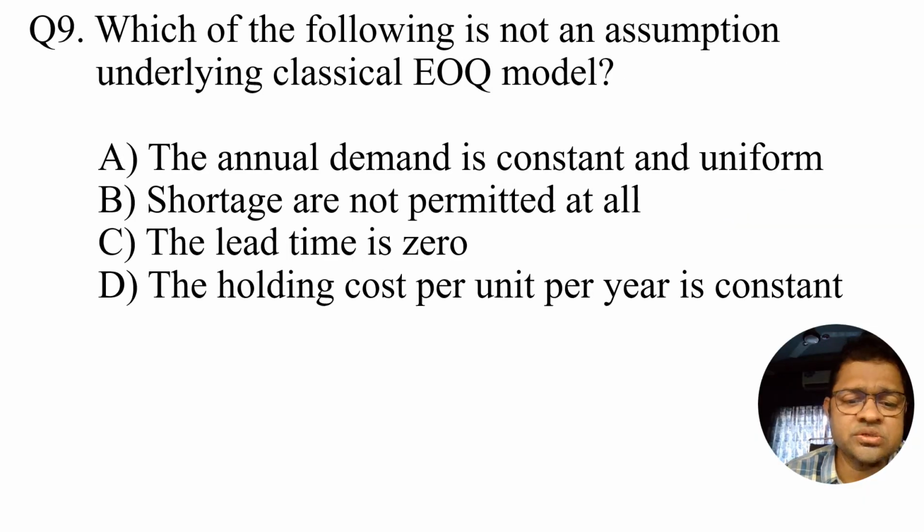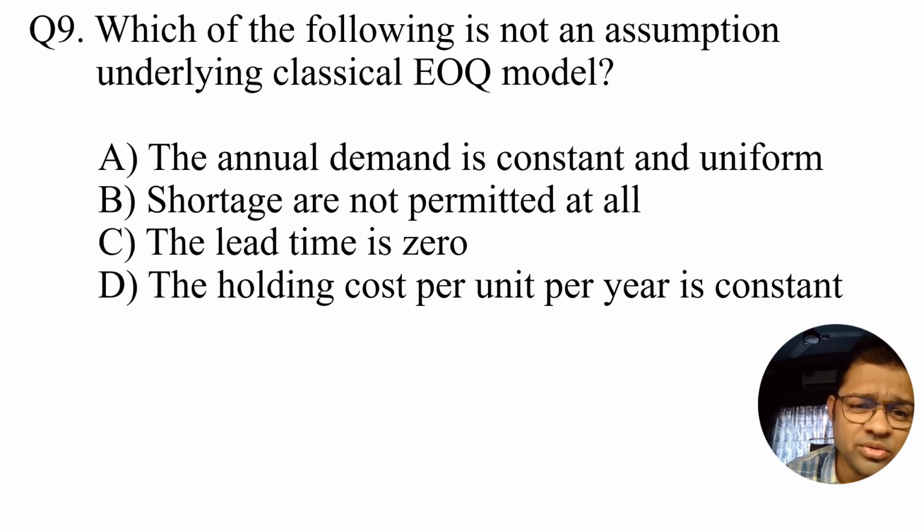The next question is, which of the following is not an assumption under the classical EOQ model? The annual demand is constant and uniform, shortages are not permitted at all, the lead time is 0, the holding cost per unit per year is constant. In the choices you find that all are important and may be connected to your classroom theories.